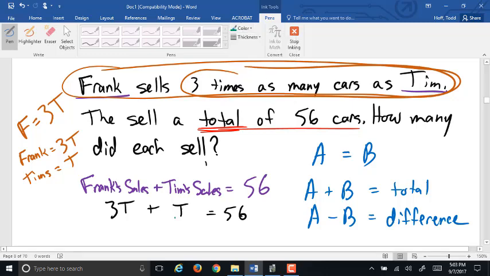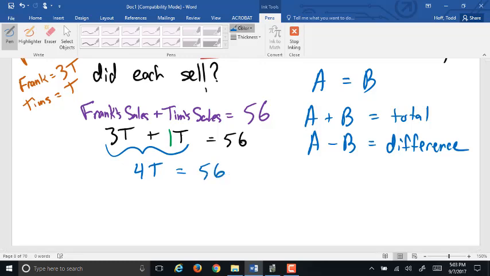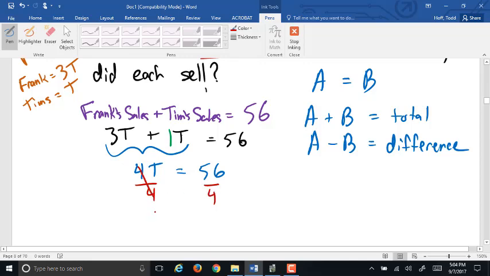Now remember from last class, when you have a variable like this with no number in front of it, that's really a 1T. So before we solve, we're going to combine. 3T plus 1T is 4T equals 56. And then we divide by 4. T equals 14.